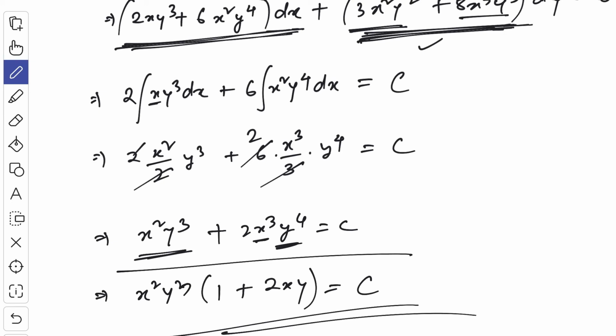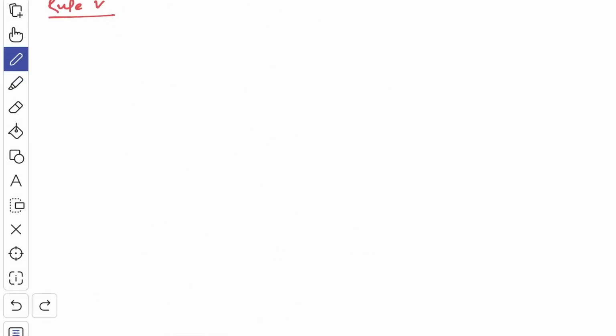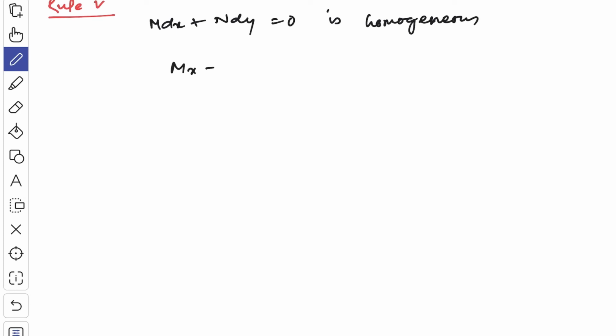So now let's move on to the next rule, rule number 5. Now suppose we have an equation of this form, suppose M dx plus N dy is equal to 0. Suppose it is homogeneous, but Mx plus Ny is not equal to 0.